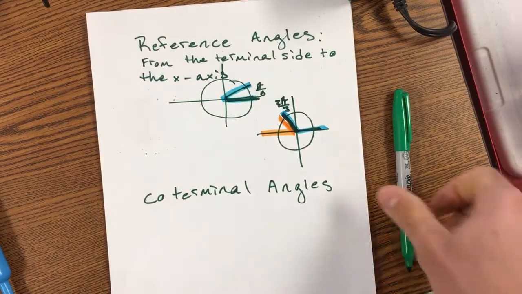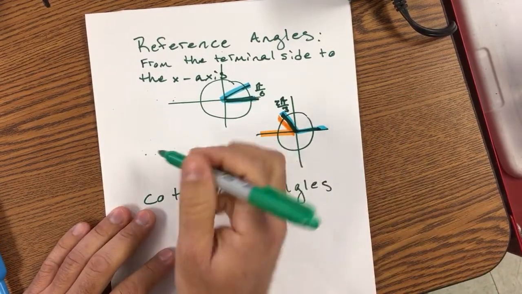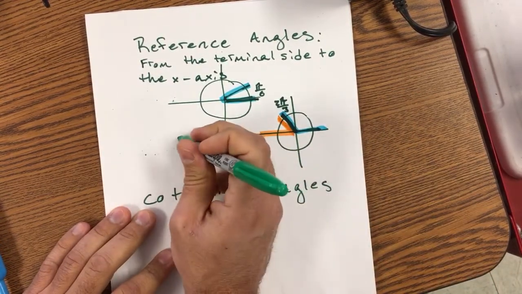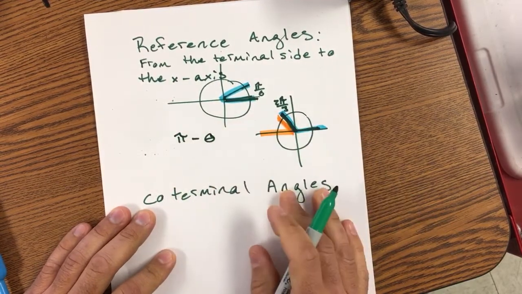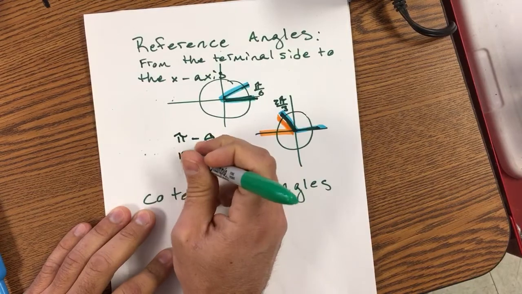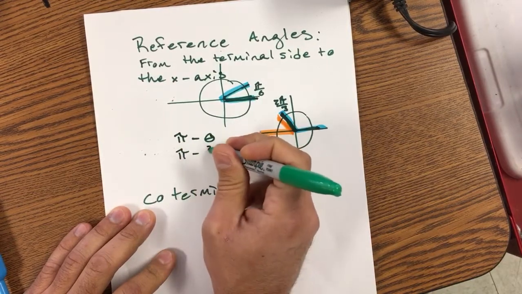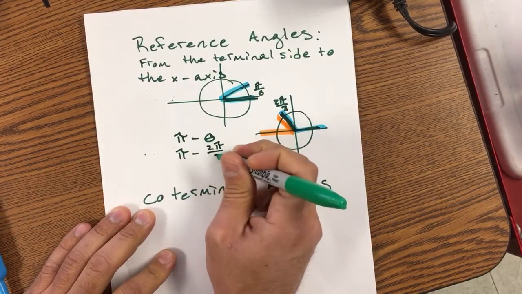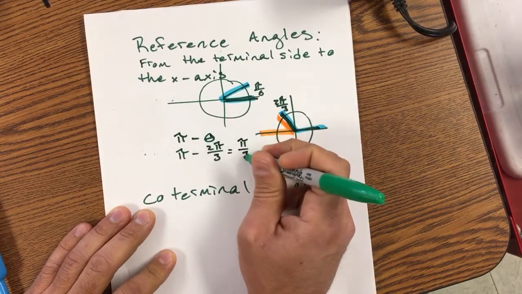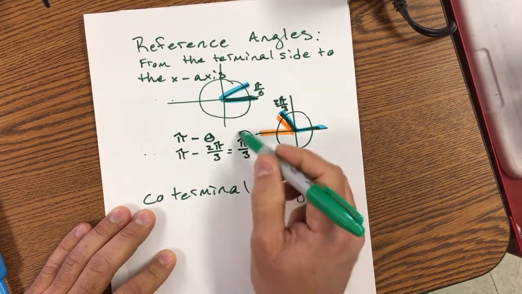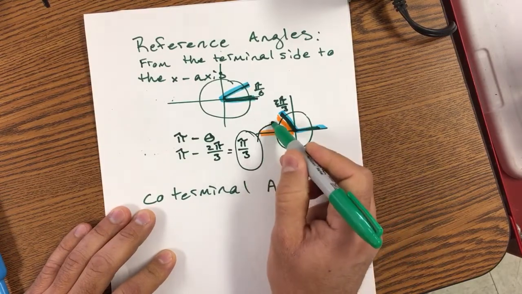So that's the reference angle. So the way that I'm gonna find that is, when I'm in quadrant 2, I'm gonna do pi minus the angle. So on this one, I'm gonna do pi minus 2 pi over 3, which is gonna be pi over 3. So that's the reference angle to this one.